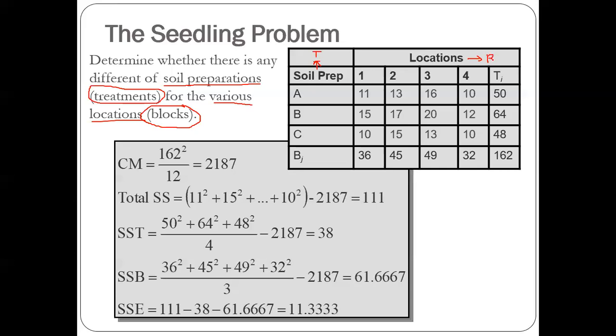So for location or block we have 4, and for soil preparation, the treatment, we have 3, that is A, B, C. In this question, A refers to no preparation, B refers to fertilization, and C refers to burning.